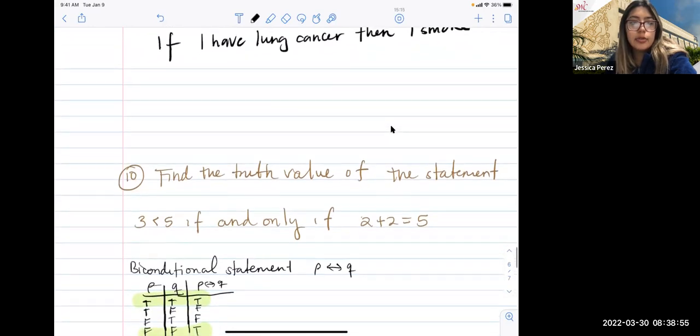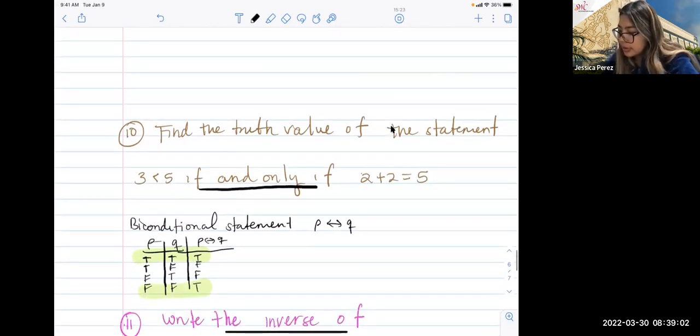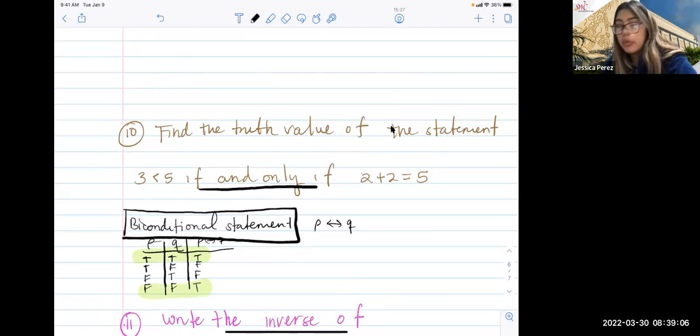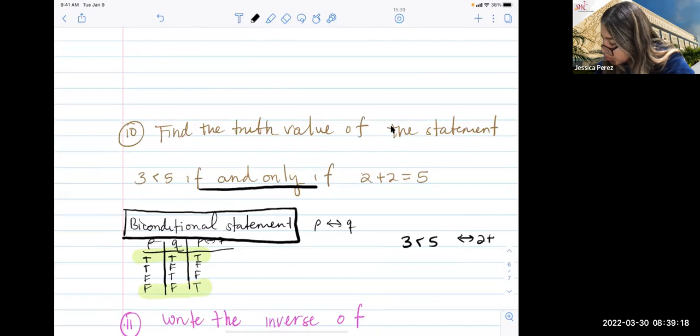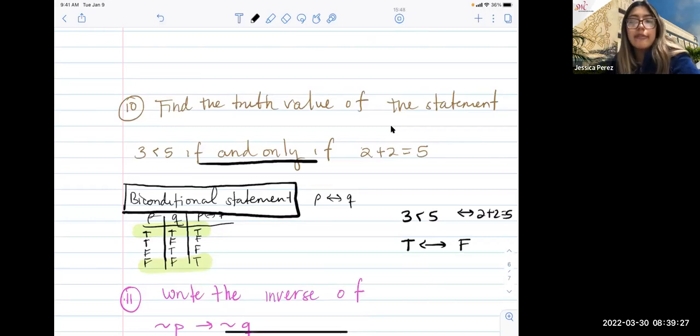All right, find the truth table of the conditional statement if and only if. This is called a biconditional. The biconditional statement is only true when both of them are true, either T, T, or F, F. Those are the only ones that are true. So if you have 3 is less than 5 if and only if 2 plus 2 is 5, 3 is less than 5, yes, that's true, if and only if this is false, 2 plus 2 is not 5.